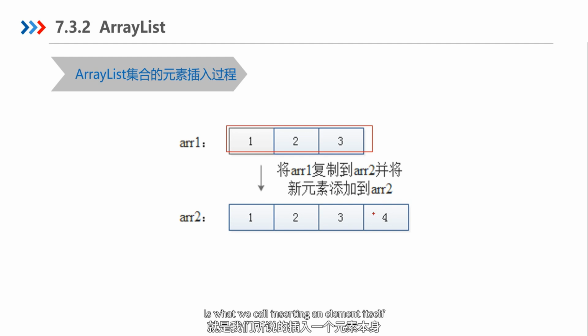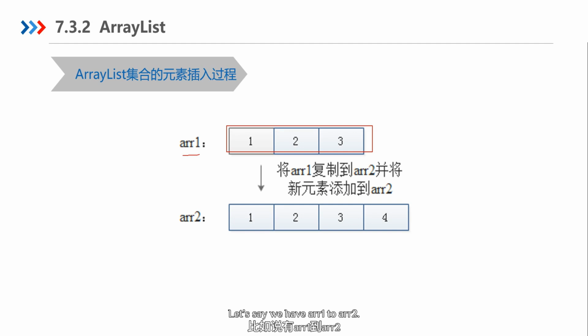That is what we call inserting an element. Is the length of this array immutable? When we talked about arrays, we said that the length of an array is immutable. So when we add an element, we're not extending the length of the array. It creates a new array.